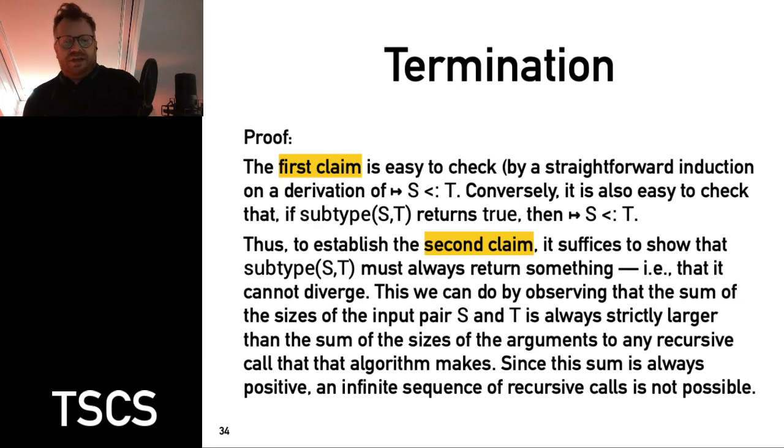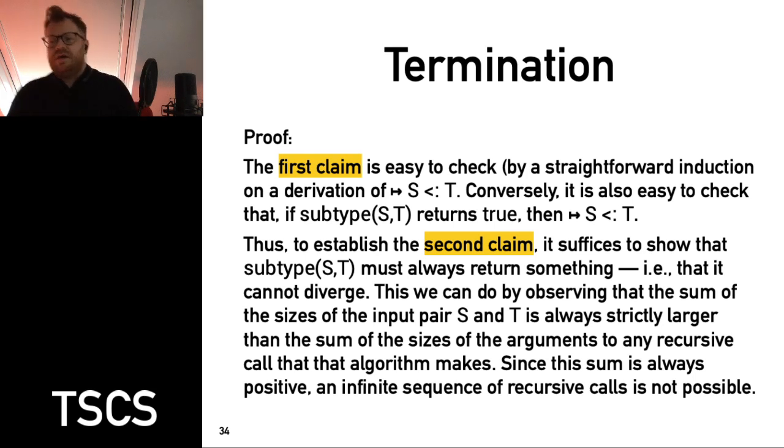But to establish the second claim, we now need to show that subtype S T must always return something, so that it cannot diverge. And this is what we've done just intuitively. This can be done by observing that the sum of the sizes of the input pairs S and T is always strictly larger than the sum of the sizes of the arguments to any recursive call that the algorithm makes.